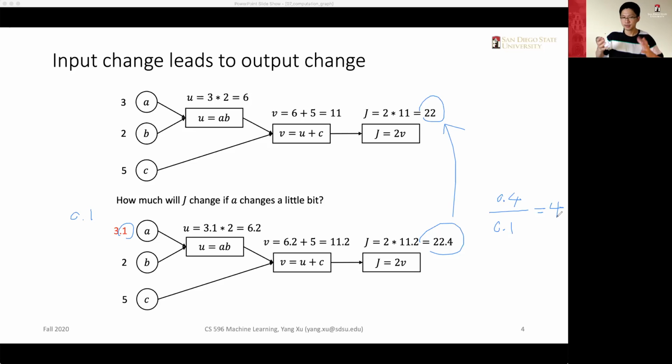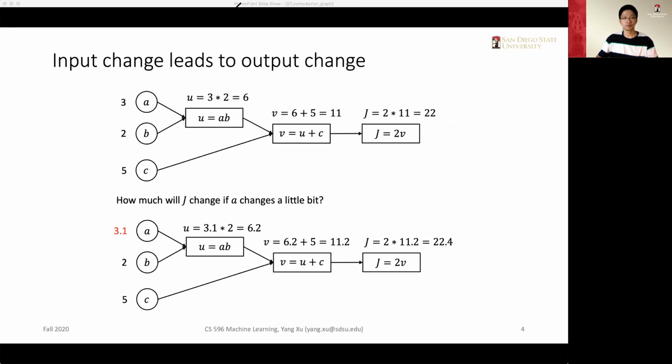And that is the usual and very intuitive way to say this is the derivative of j with respect to a, right? So that is something we can obtain by looking at how each intermediate variable changes accordingly when a changes a little bit.